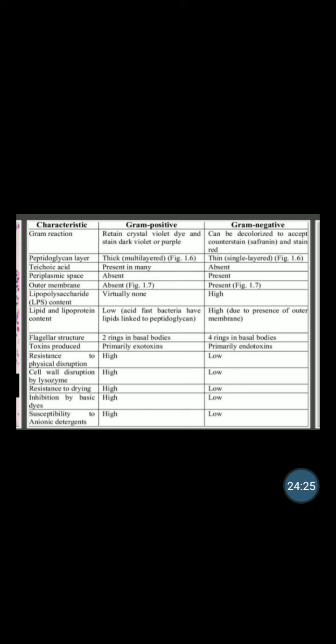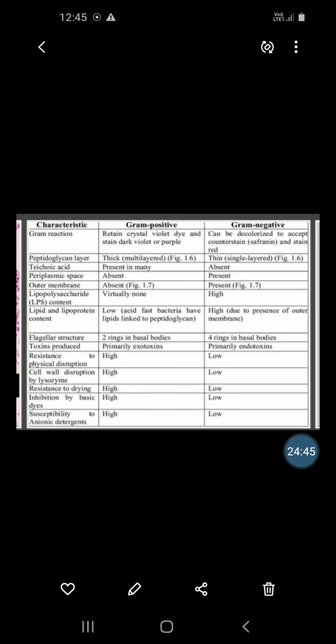Then resistance to physical disruption is high in gram-positive bacteria and low in gram-negative bacteria. Then cell wall disruption by lysozyme is high in gram-positive and low in gram-negative. Then resistance to drying is high in gram-positive and low in gram-negative.